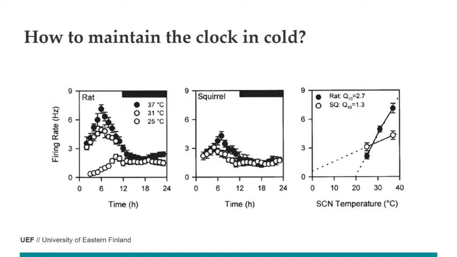And how can it be done? It's because it has lower activation energy for this firing. So that means that the Q10 is smaller in the squirrel than in the rat, and that's why it can maintain it even below 20 degrees Celsius.